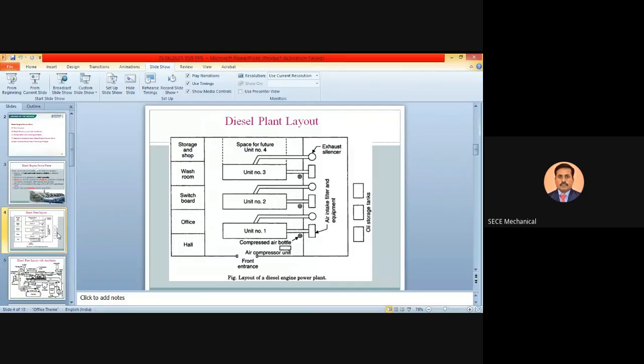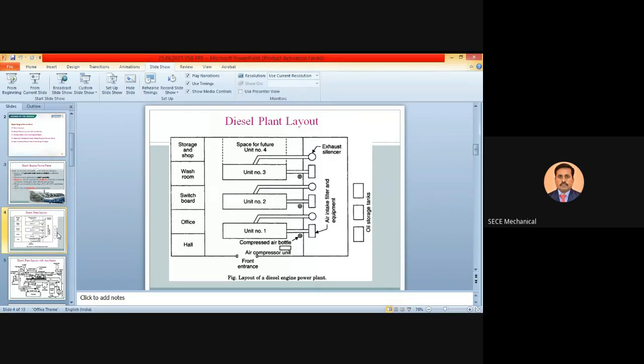But there is a common inlet manifold and a common exhaust manifold, because the inlet of your IC engine is your air intake system. That air intake system should be common, and it will be connected with each unit.